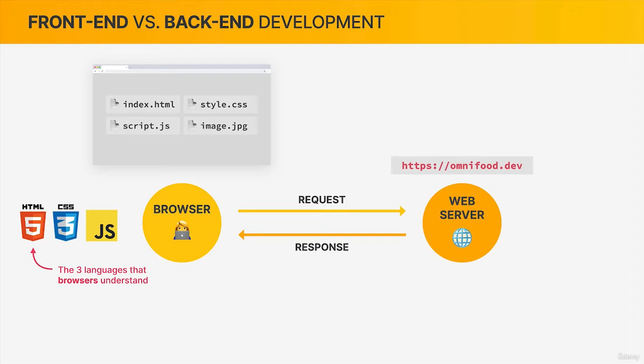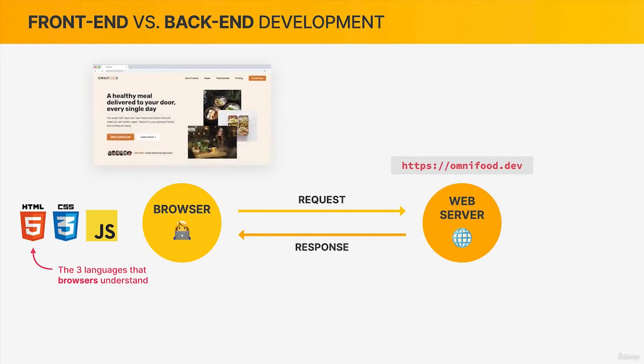Alright, now once the browser receives these HTML, CSS, and JavaScript files from the server's response, it will take the code and render the website that we were trying to access. So based on that code. Okay? And with this, you already have a good understanding of what actually happens when we browse to a website, and also about the technologies that we use to build any website.